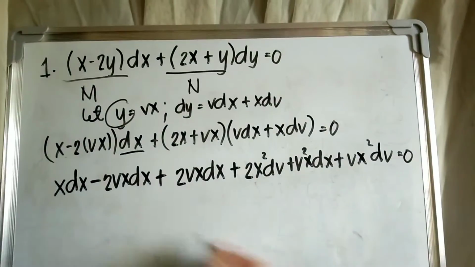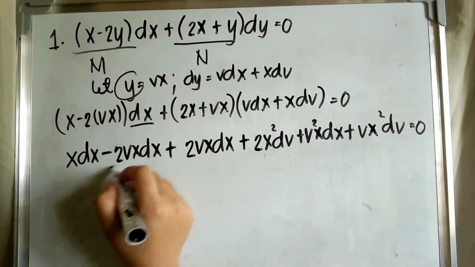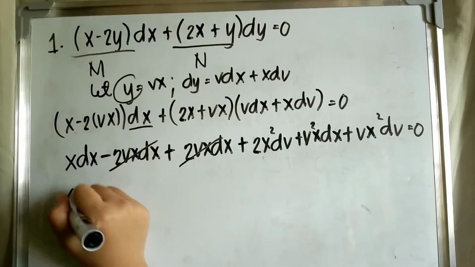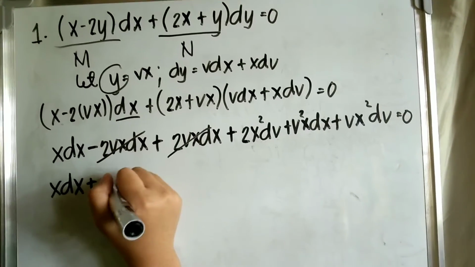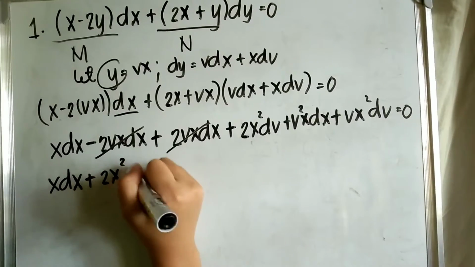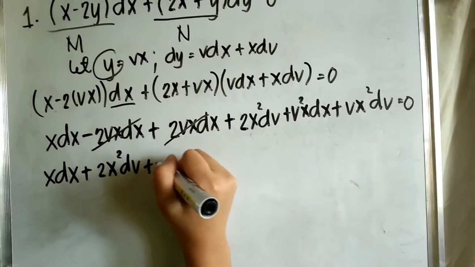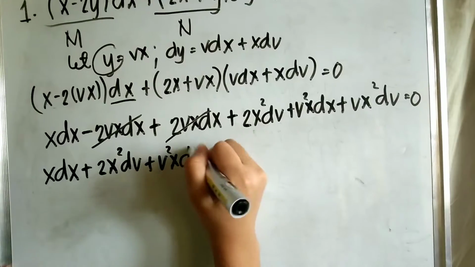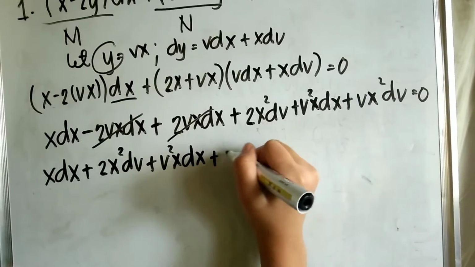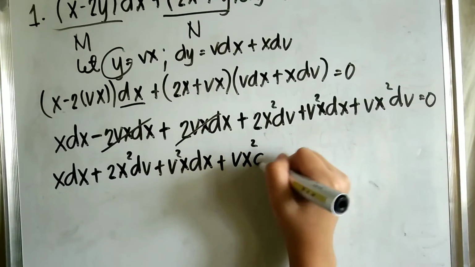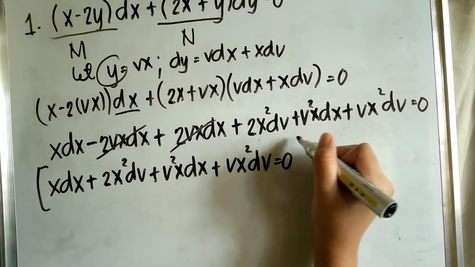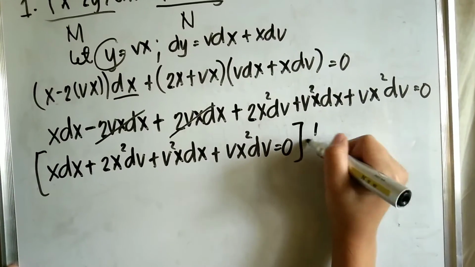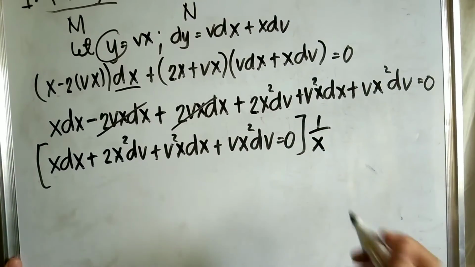And now we will combine like terms. This one will be cancelled and copy the remaining terms. x dx plus 2x squared dv plus v squared x dx plus vx squared dv equals 0. And we will simplify by dividing x on both sides.